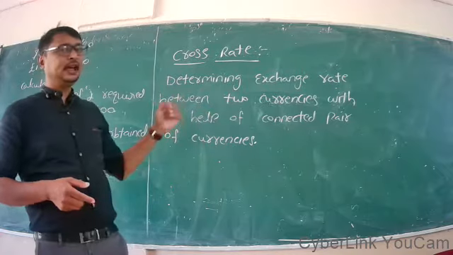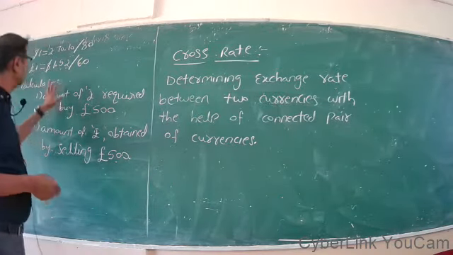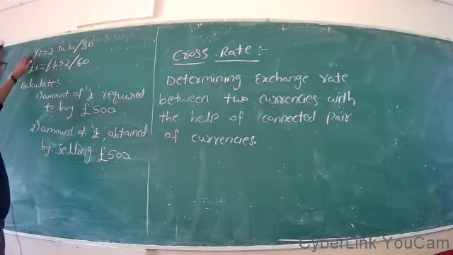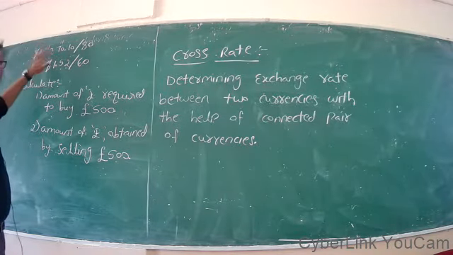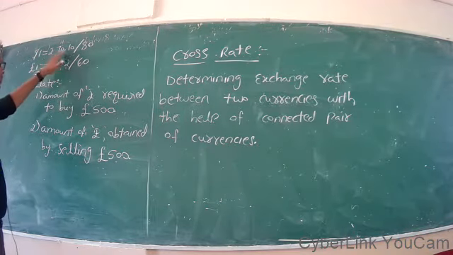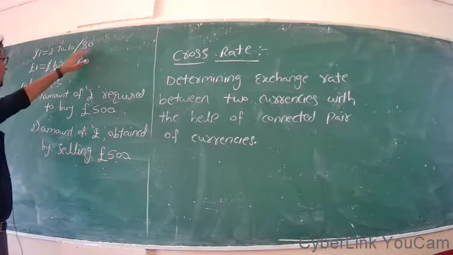So with the help of cross rate, now we need to solve this problem. Bank A says, we will provide you the quotation related to dollar and Indian rupee: $1 is equal to rupees 70.10 and 70.80.